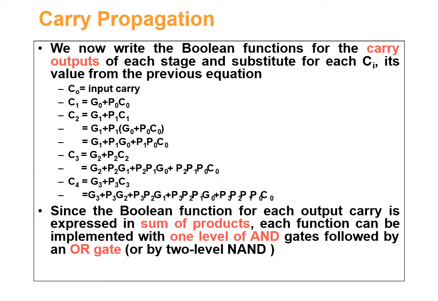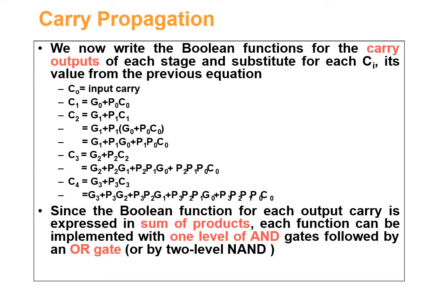C2 is equal to G1 plus P1 C1, and if we put the value of C1 we get G1 plus P1 into G0 plus P0 C0, which is equal to G1 plus P1 G0 plus P1 P0 C0.